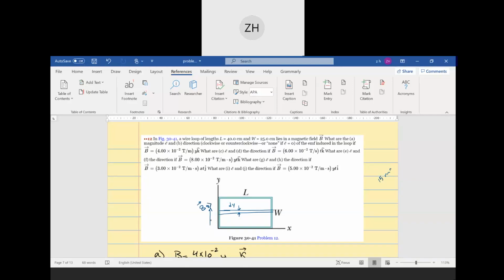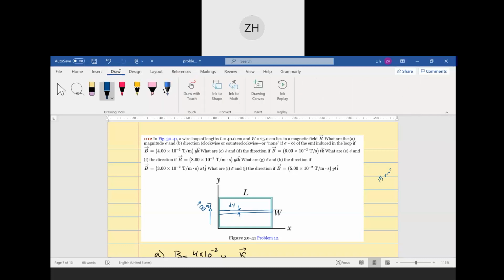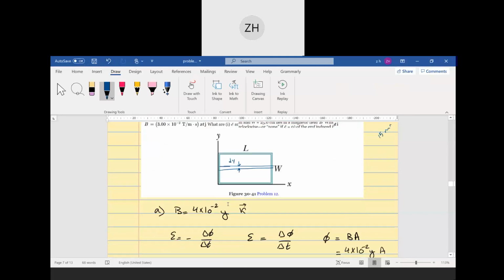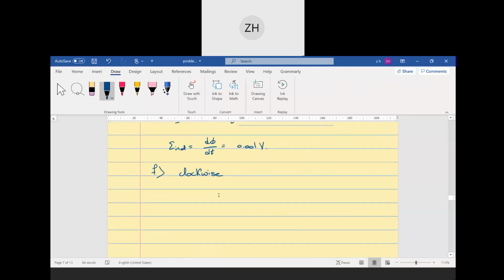If the magnetic field is directed along positive y, then there are no field lines entering this loop. And then there is no magnetic flux because the angle between the magnetic field and the normal to the area is going to be 90, and cosine 90 is 0. So in part G, the flux is 0.